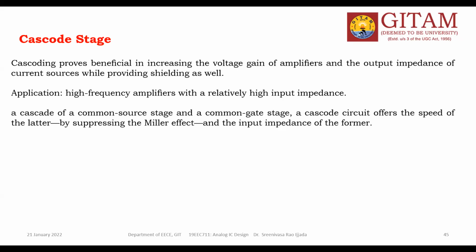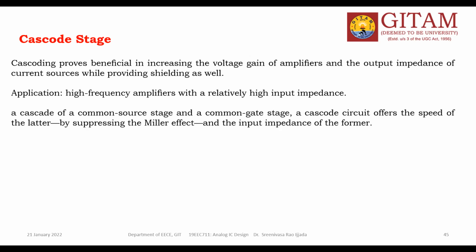Whenever we are providing better shielding, the cascode stages will do two things. One benefit is increasing the voltage gain, and if there is a current source, the output impedance of the current source increases. These are the two things.